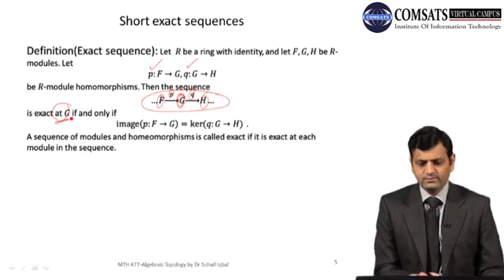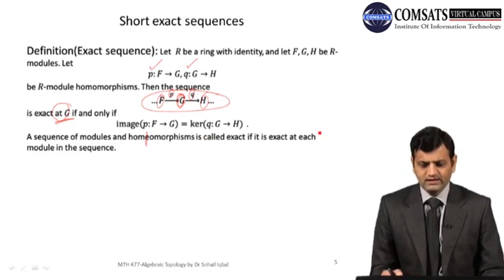It is exact at G if and only if the image of p is equal to the kernel of q. Similarly, a sequence of modules and homomorphisms is called exact if it is exact at each module in the sequence.